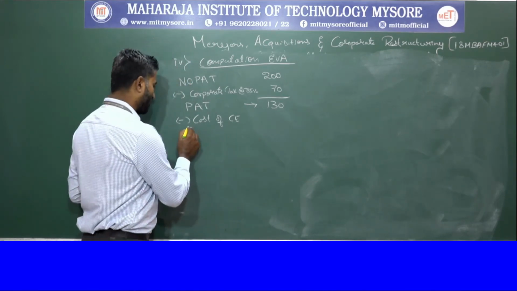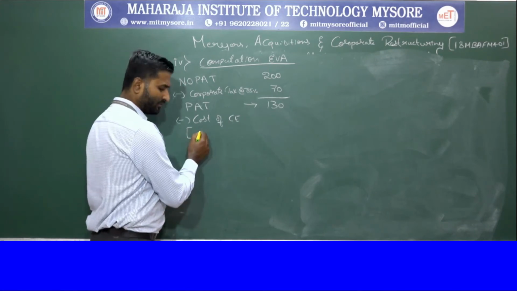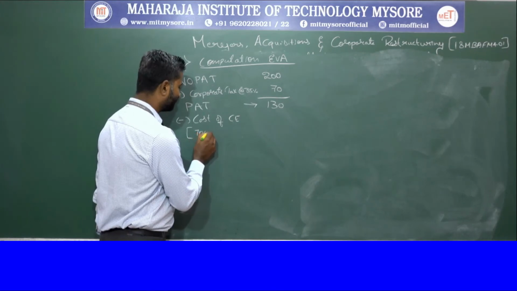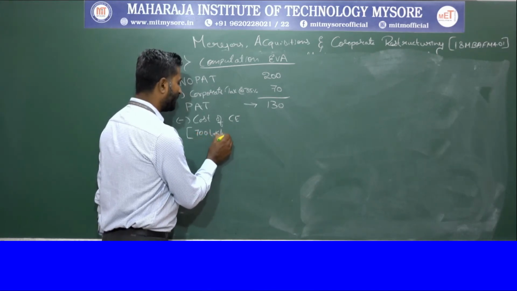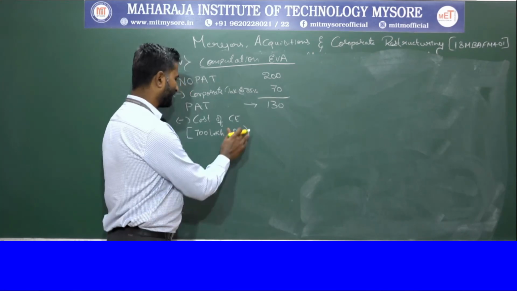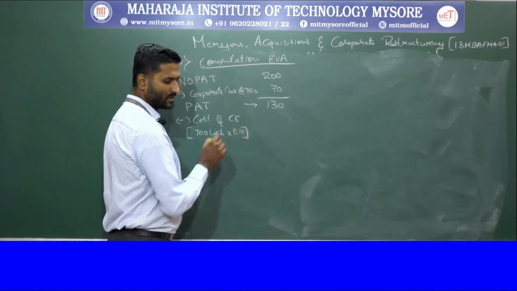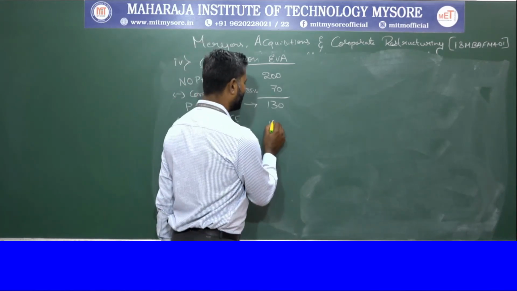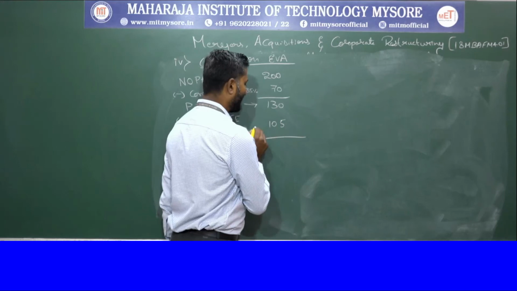So the total capital of the company amounts to rupees 700 lakhs, and the cost of capital they have given is 15%. When we determine that, it amounts to rupees 105 lakhs.